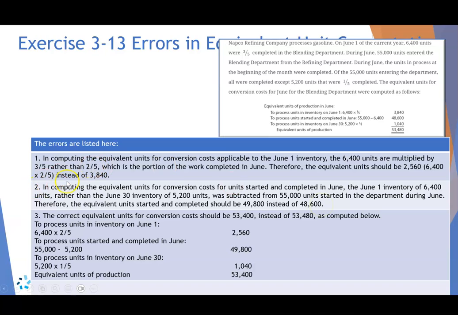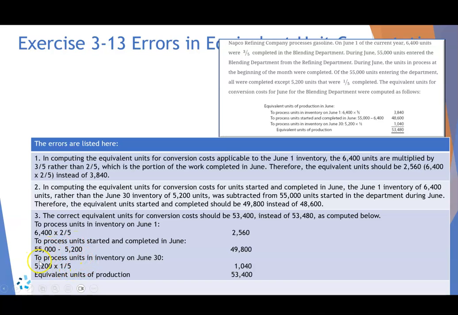Then the correct equivalent units for conversion costs should be 53,400 instead of the 53,480. The way we do that is we take the 6,400 times 2/5, the 55,000 minus the 5,200 units, because we have to go with equivalent units.